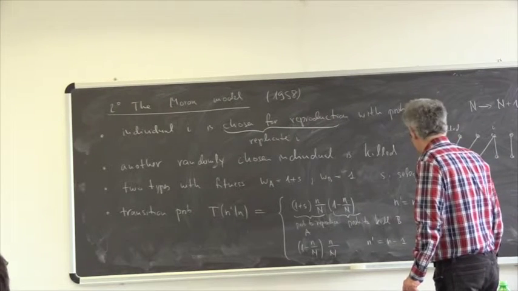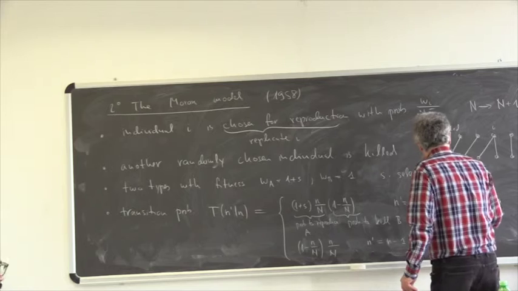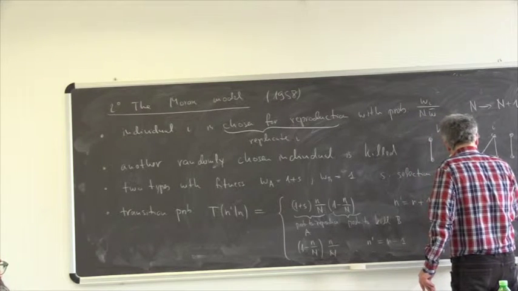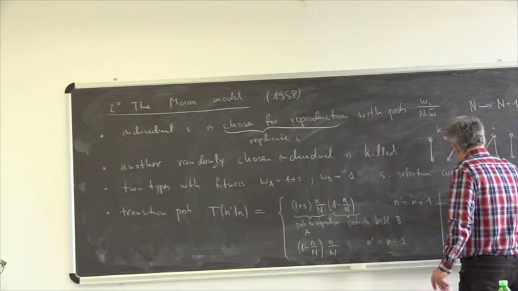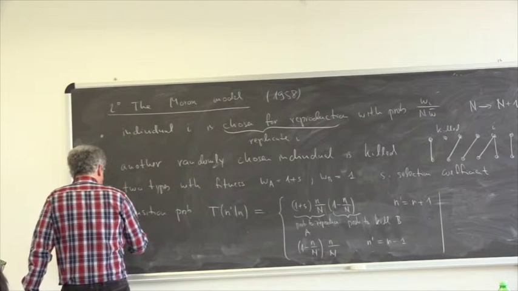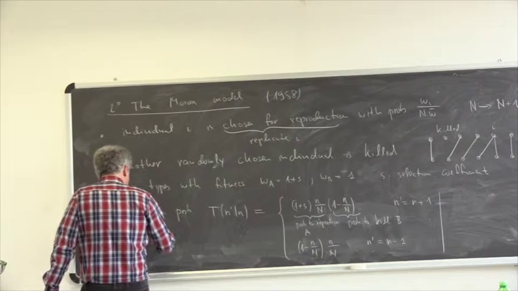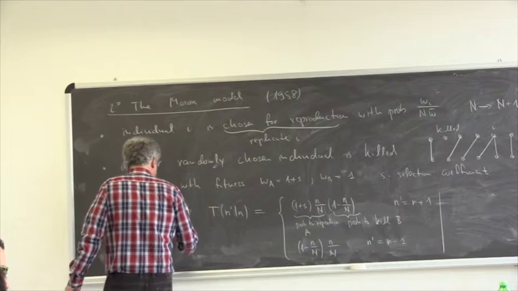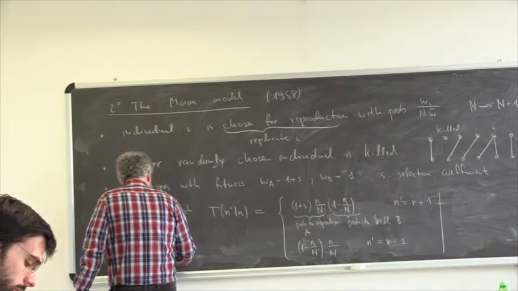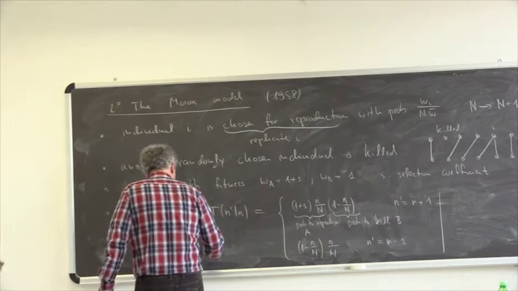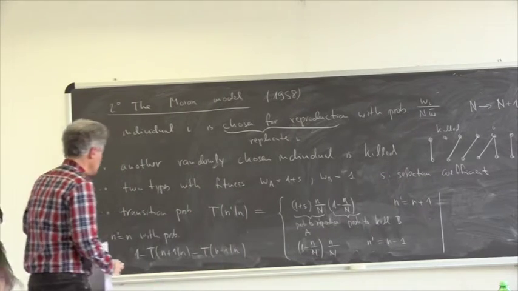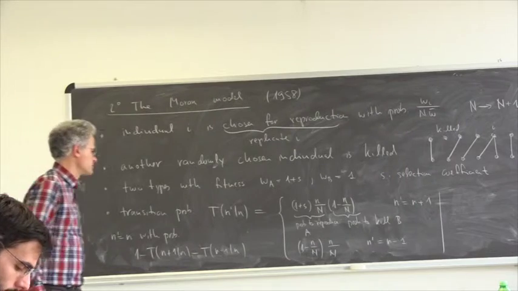And so the third possibility here is that n prime is equal to n with probability 1 minus t of n plus 1 given n, minus t of n minus 1 given n. Okay, so these are the three possibilities that we have.